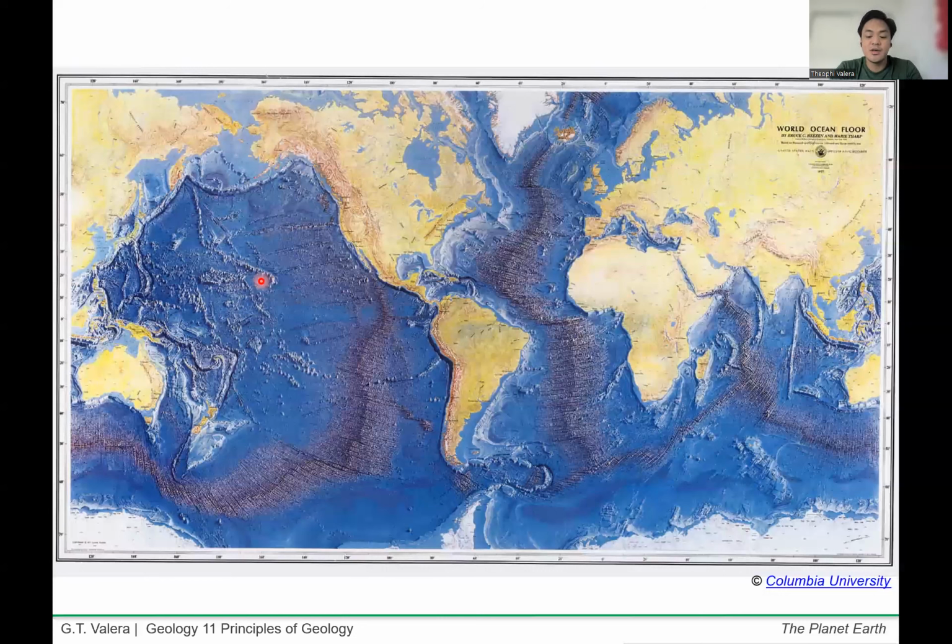So they are not linked to any subduction zones or collision zones. Subduction zones are what I indicated earlier as trenches. Those features actually indicate a subduction zone. And as you can see, this one is in the middle of this huge body of ocean. That is actually a special type of volcanic activity. So we call that hotspot volcanism. Okay, so we'll discuss more about that later.